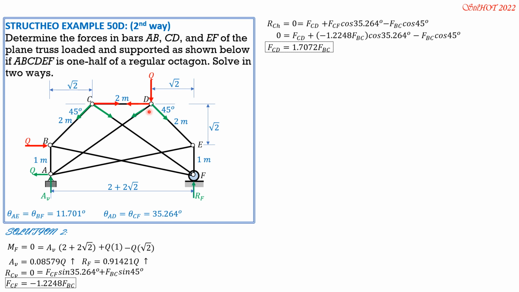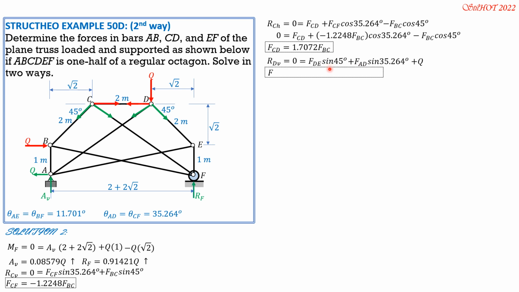These are the forces involved. So first, sum of vertical forces at D equals 0, downward positive. So 0 equals FDE sine of 45, downward positive, remember, plus FAD sine of 35.264, this angle, then plus Q. So express FAD in terms of FDE.